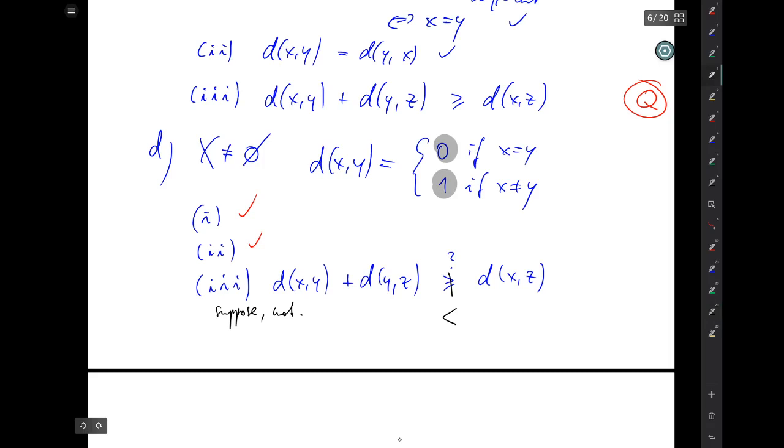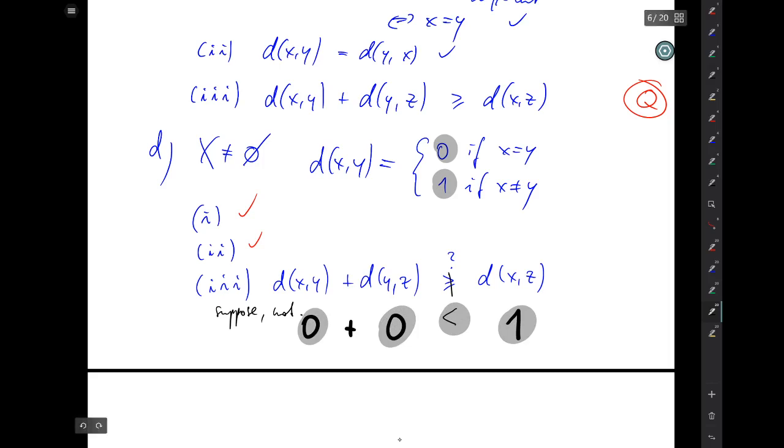The only way to get that would be to have a 0 here, a 0 here, and a 1 here, right? Because, I mean, how do you fill these 3 slots with zeros and ones in order to make this true? That's the only possibility. 0 plus 0 is less than 1.